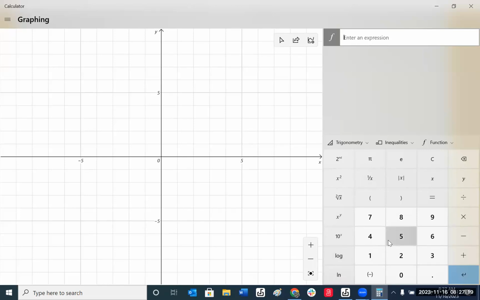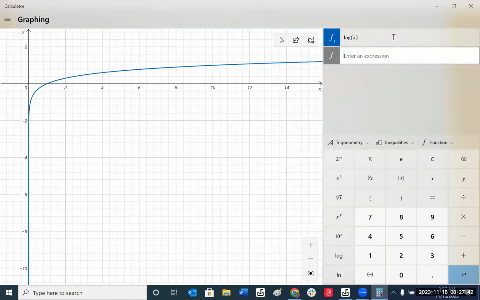Let's look at log of x. I put in x and log of x is equal to that.